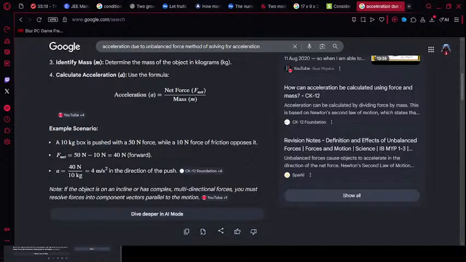Oh shit, not even close. Oh, alright, they're going to move with different accelerations. Wait, this is a double pulley system, right?